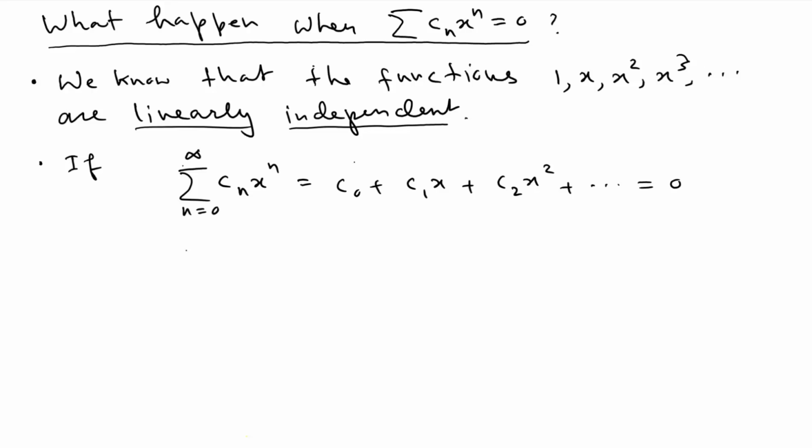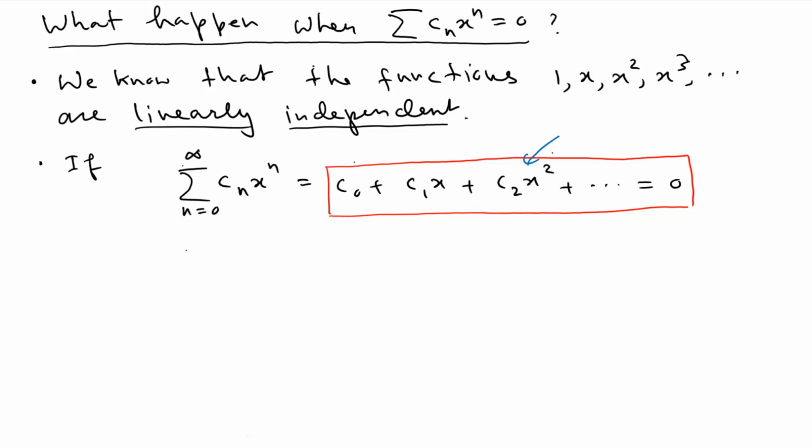So if you just look at this part, this is exactly the definition of linear independence. You set a linear combination, this is what we normally call a linear combination, equal to 0.